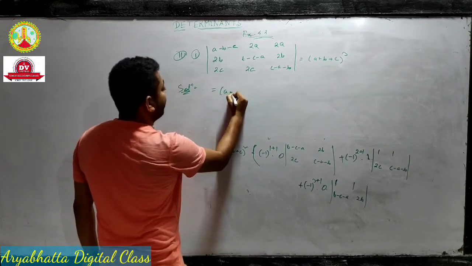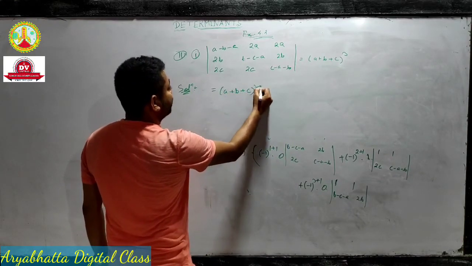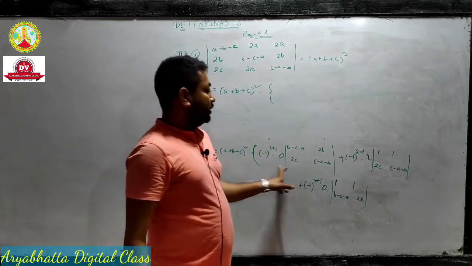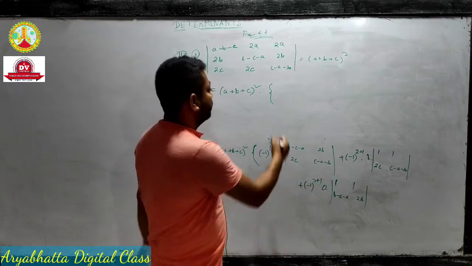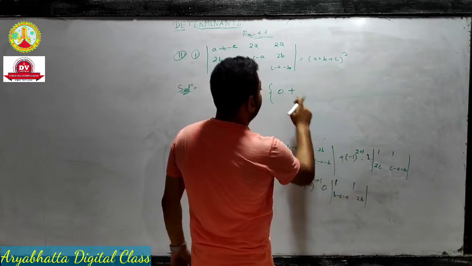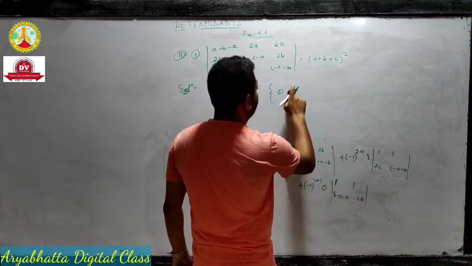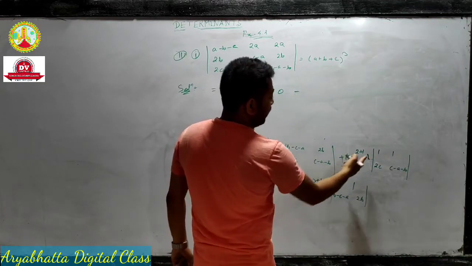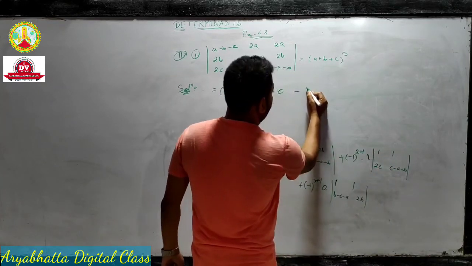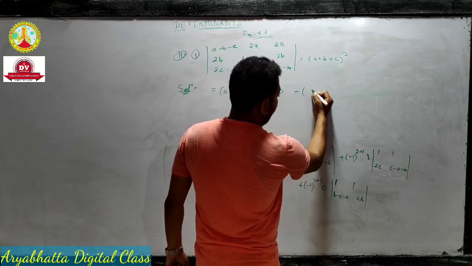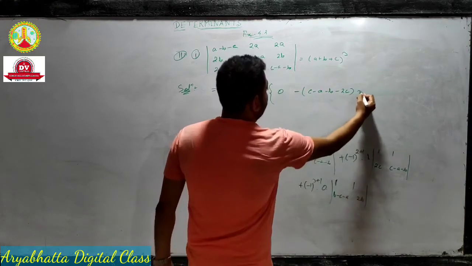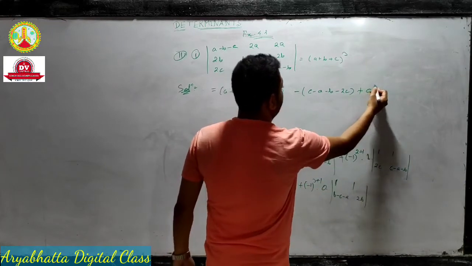Equals (a + b + c)² into bracket: 0 into this, the result is 0, plus (−1)^(2+1), which is −1, into 1, so minus, and multiplying this into this minus this into this, we have (c − a − b) − 2c, plus 0 into this equal to 0.